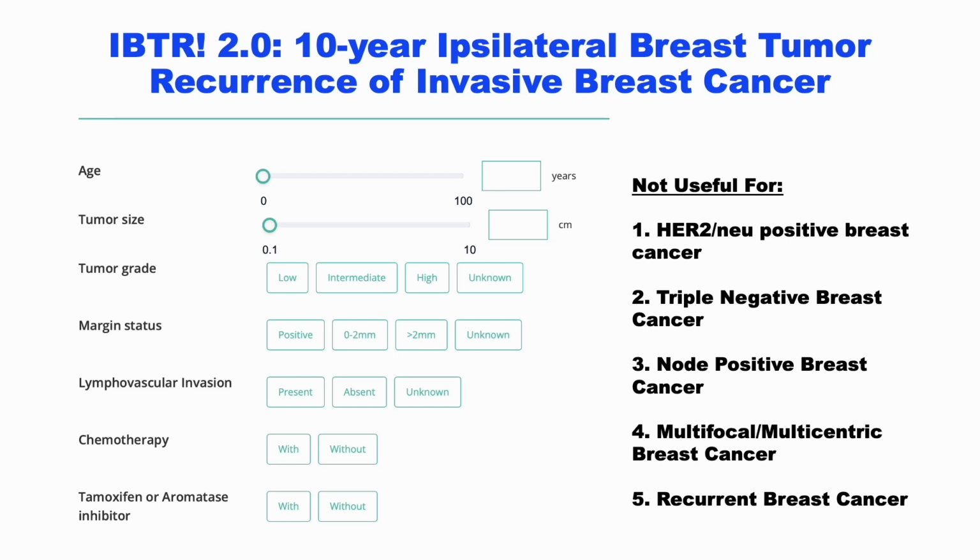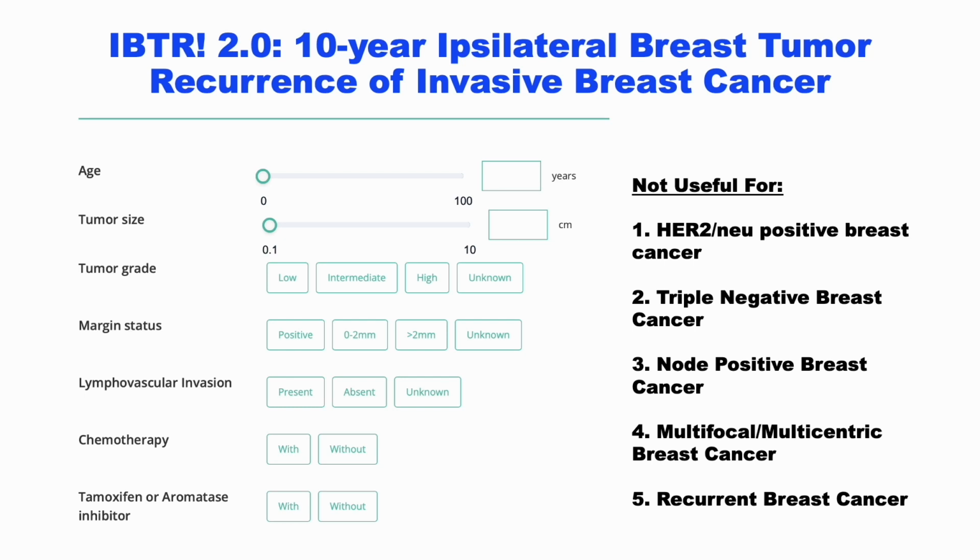A key shortcoming of this tool is its tendency to overestimate the risk of local recurrence, a limitation that is perhaps less hazardous than if it underestimated the risk. Additional shortcomings include the lack of utility of this tool for women with triple-negative breast cancer and HER2-positive breast cancer. The tool also is not useful for people with multifocal, multicentric, or recurrent breast cancer.